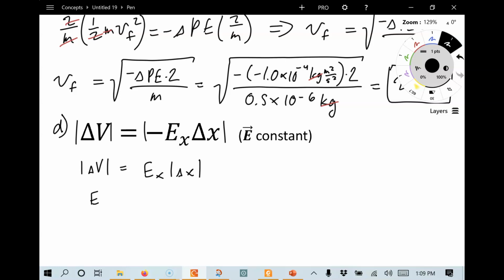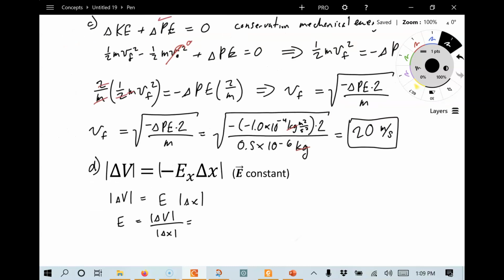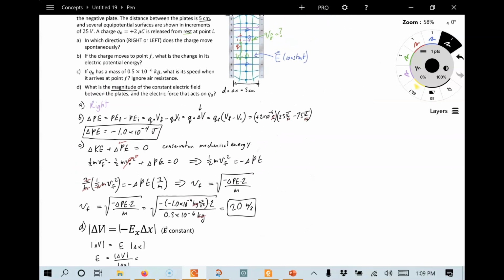So for the electric field strength, the magnitude, I can get rid of the X component here. And so the electric field strength is going to just be equal to the change in the electric potential, the voltage, the absolute value, divided by the separation between the plates. And in this case, we can calculate those things.